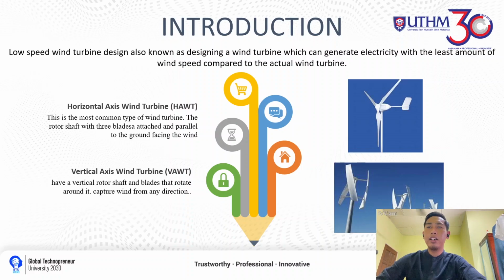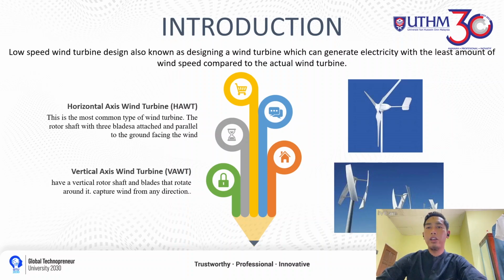Usually, an actual wind turbine needs 10 meters per second or up to 15 meters per second of wind speed to generate electricity. But our low speed wind turbine can generate electricity at the least amount, which is 5 meters per second.